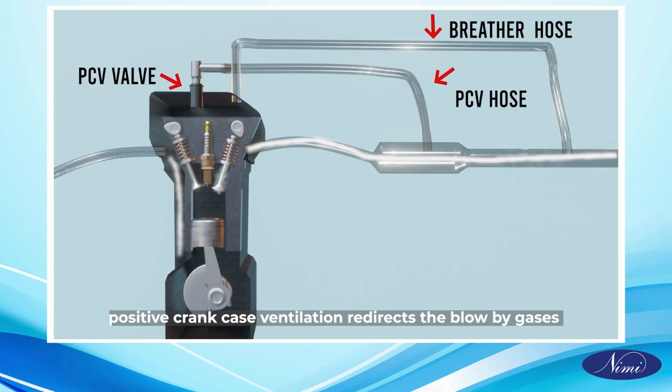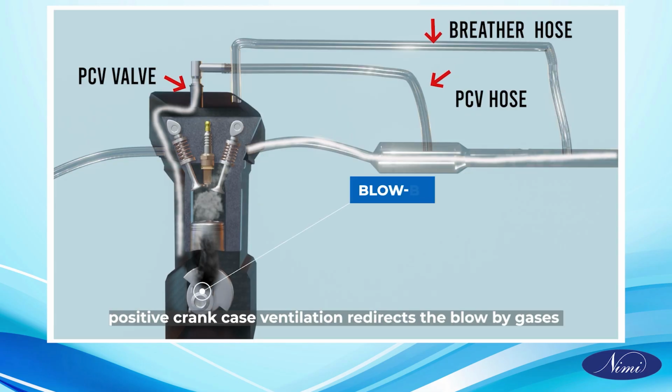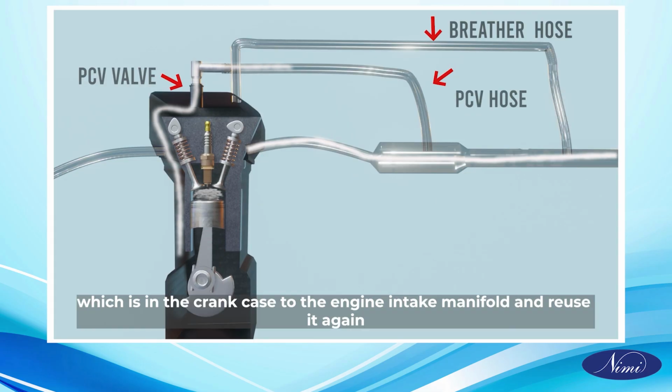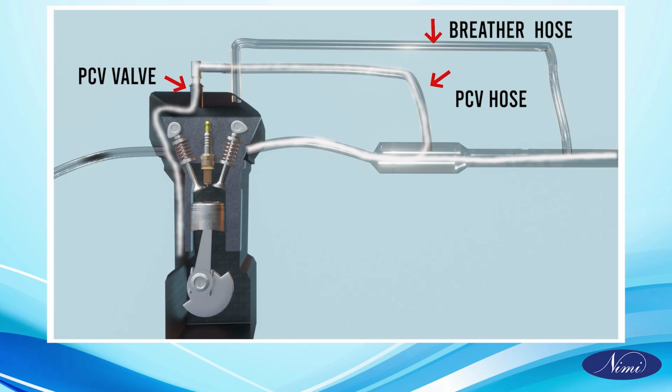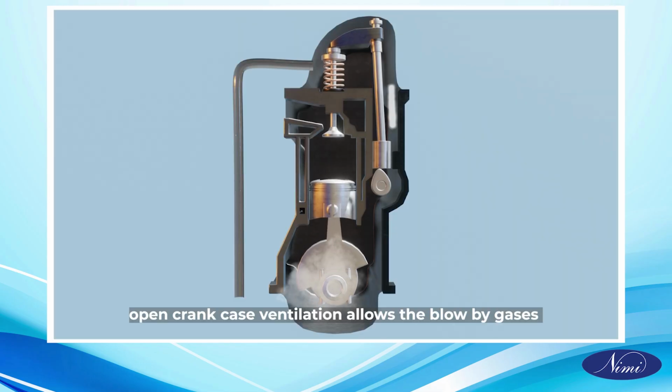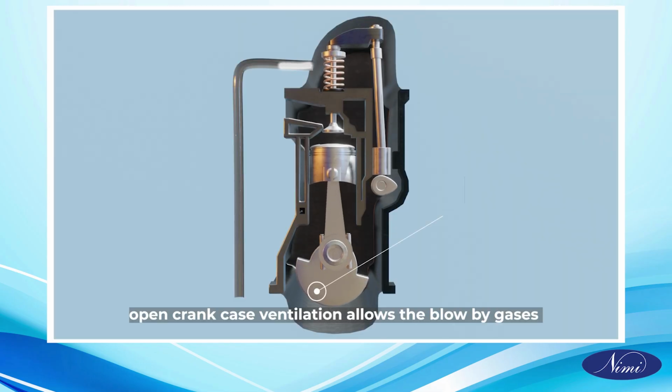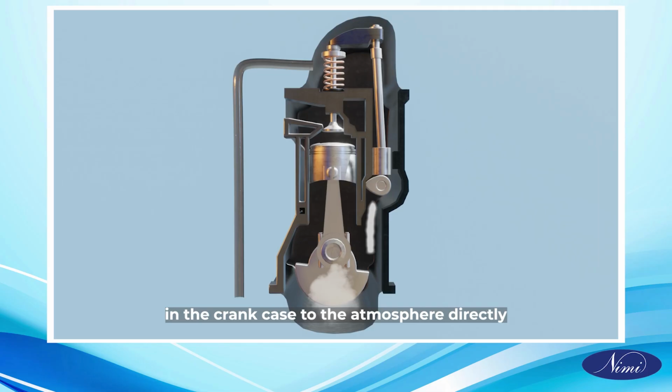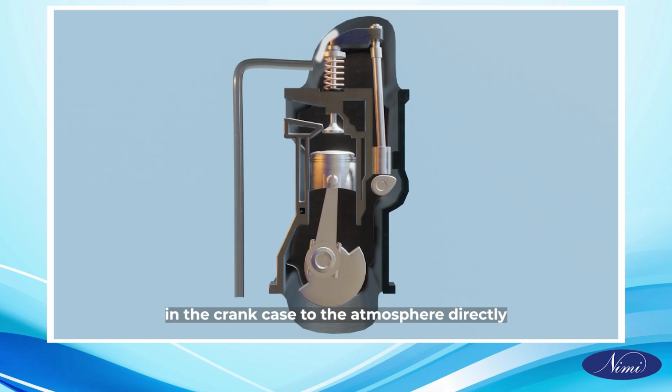Positive crankcase ventilation redirects the blow-by gases in the crankcase to the engine intake manifold and reuses them again. Open crankcase ventilation allows the blow-by gases in the crankcase to go to the atmosphere directly.